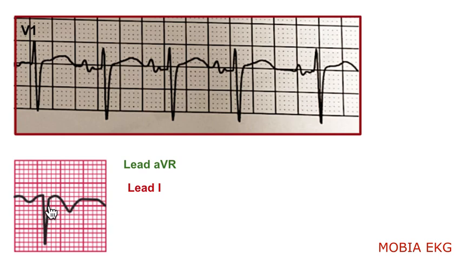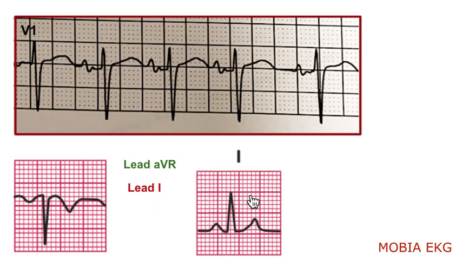The presentation of the EKG components and their axis is acceptable for lead AVR, but absolutely wrong for lead 1, because this is the configuration of the components and also the axis of the EKG for lead 1.